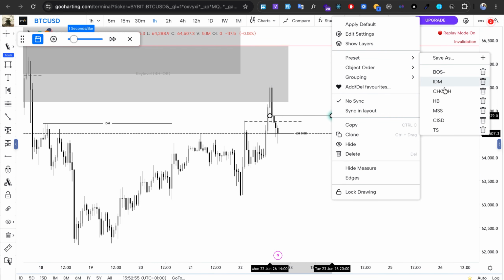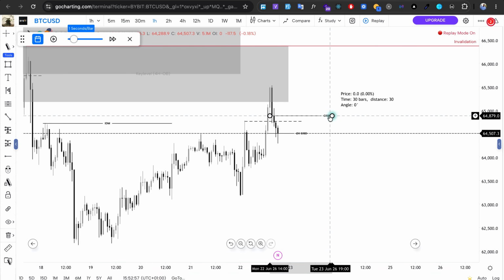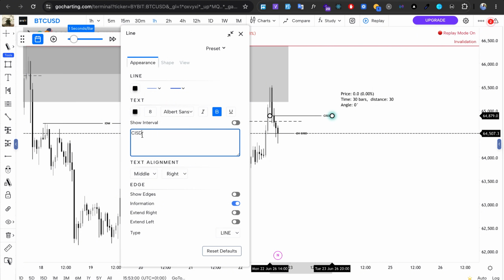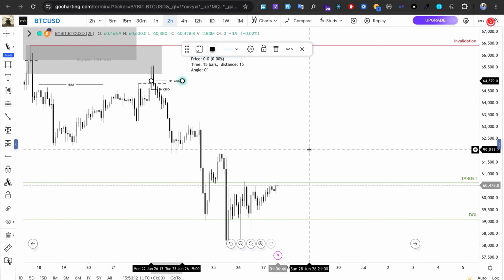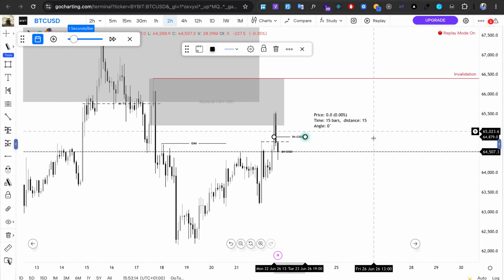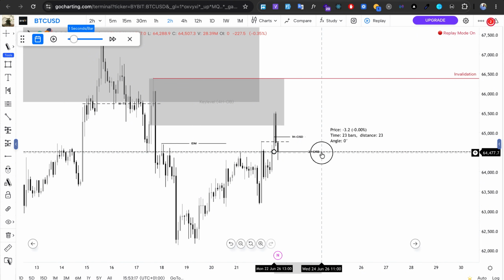If I had gone lower, I would have been on the charts by now. But since I'm looking at the 2 hour CISD, right? I'll just enter from this place.